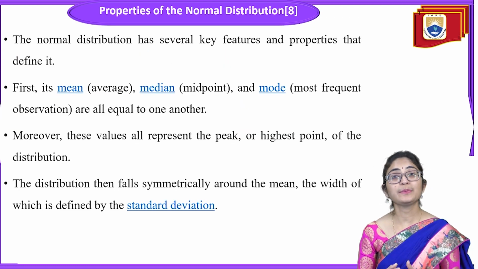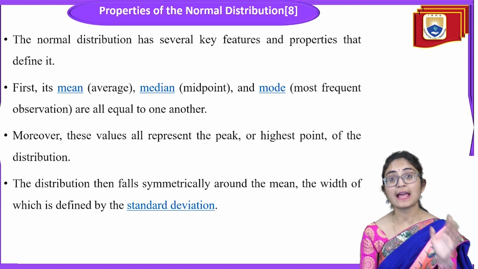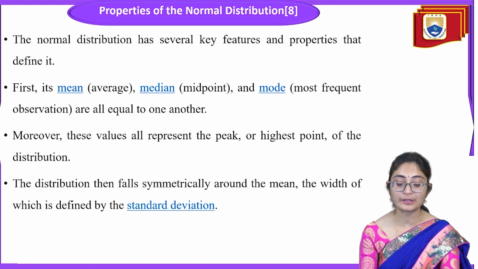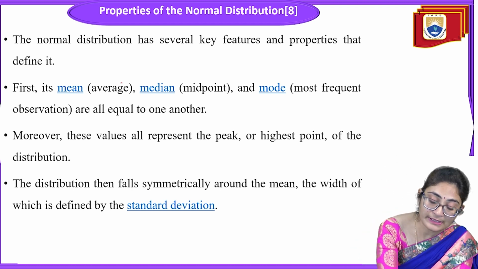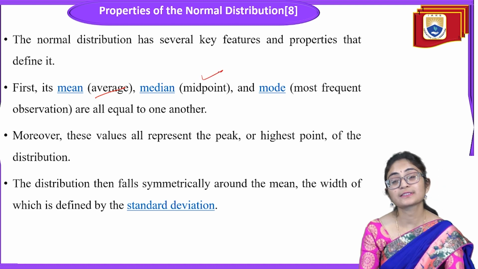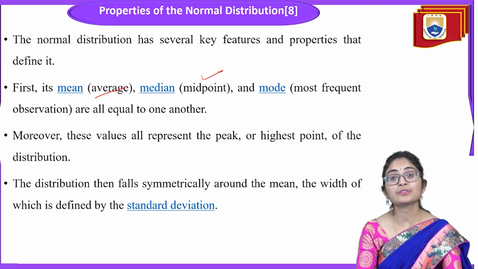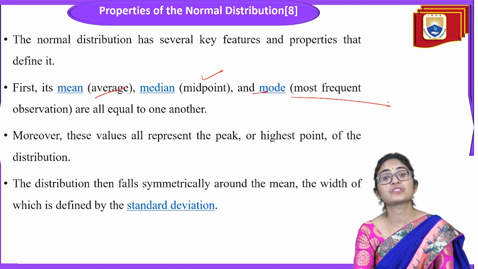Now, what are the properties of normal distribution? Actually, normal distribution has several key features and properties. First, the mean, which is the average. The median, which is the midpoint. Then the mode, the most frequent observation.